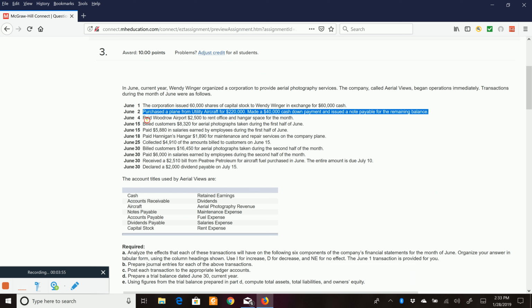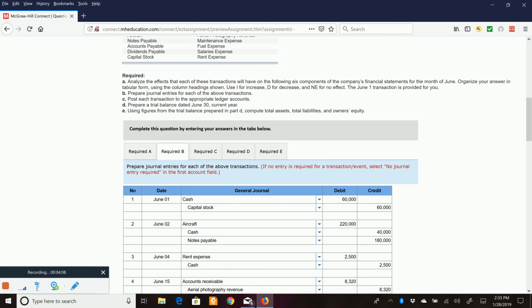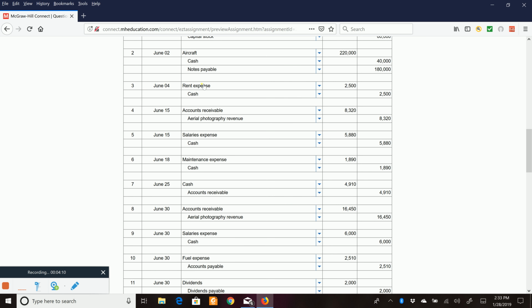Okay, June the 4th, we paid Woodrow Airport $2,500 to rent office and hangar space for the month. So we are in June, and we're paying June's rent for $2,500. This is an expense. Expenses are increased with debits. Now remember, expenses are part of the red accounts.